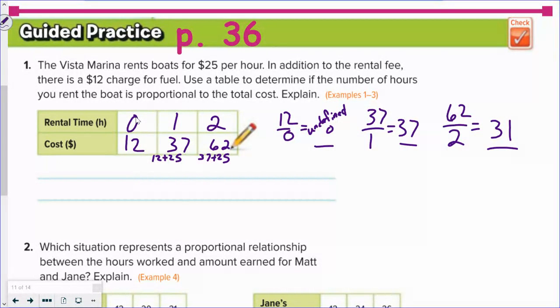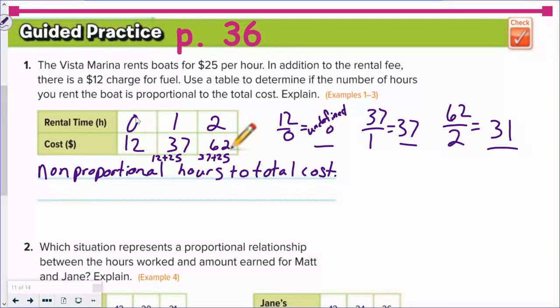that this is a non-proportional relationship between hours and total cost. And why?